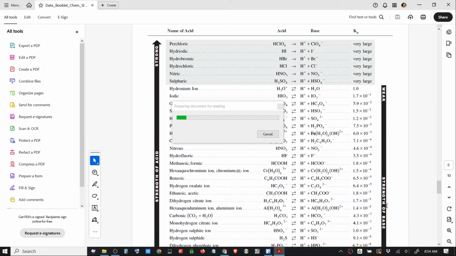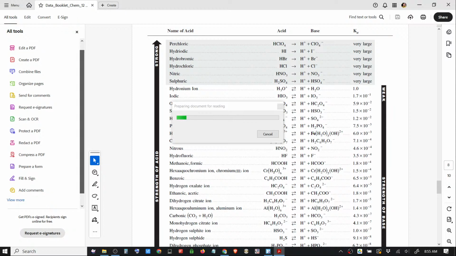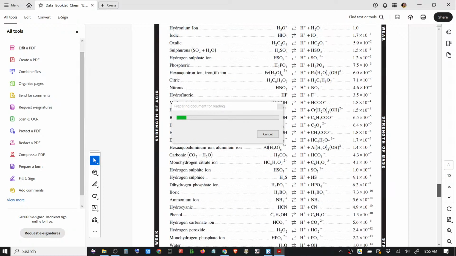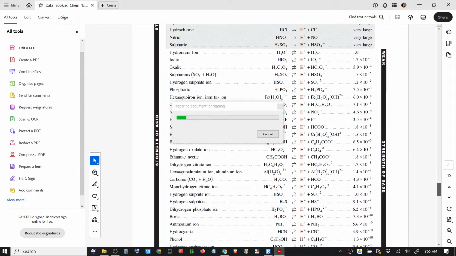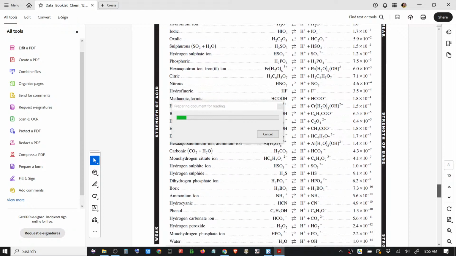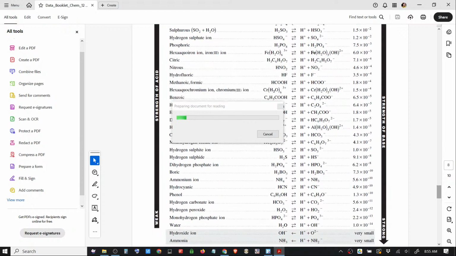The ones that are shaded are defined as strong acids. There are only 6 here: perchloric, hydroiodic, hydrobromic, hydrochloric, nitric, and sulfuric. Hydroiodic acid is a little bit below that. Sorry, HF, not hydroiodic. HF is way down here.